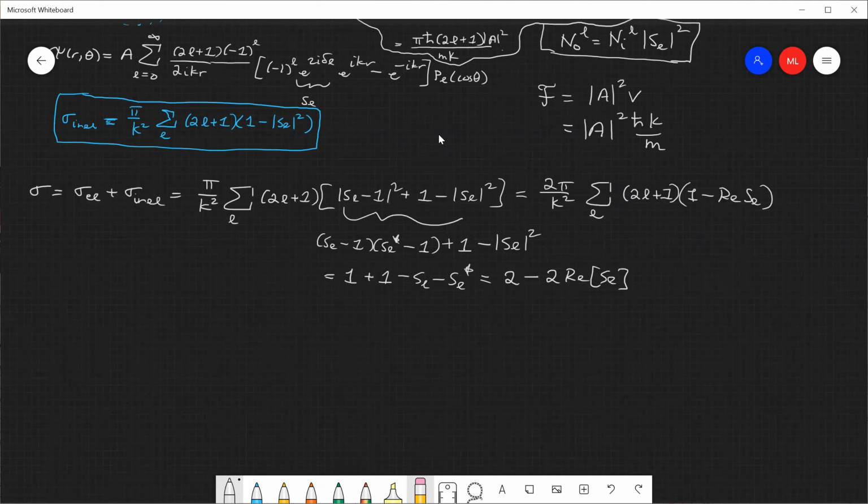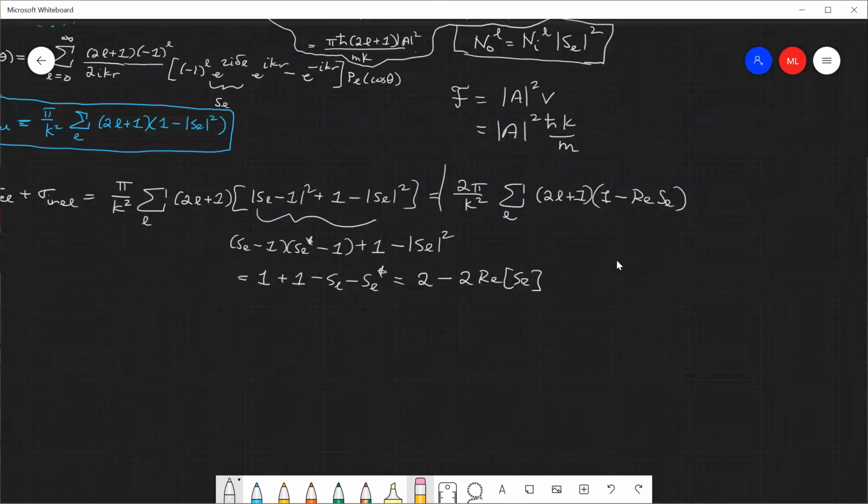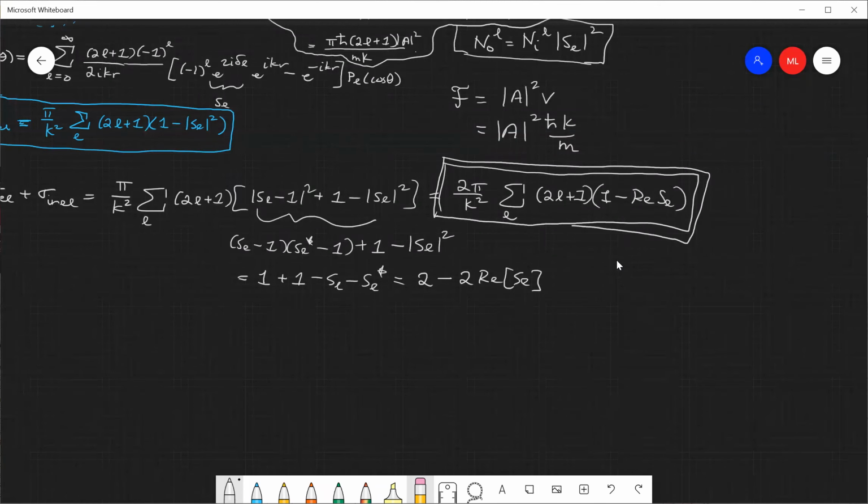So this is a good formula. If you have access to your S matrix elements, you can use them to calculate your cross sections, and this is the total cross section, including both elastic and inelastic scattering.